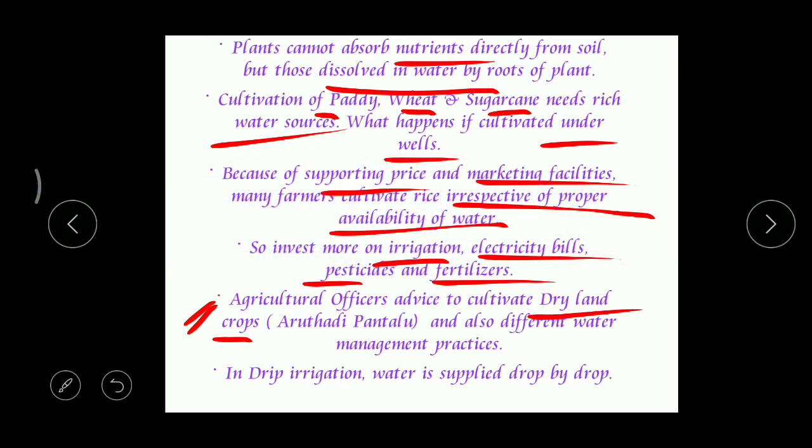Here, why they advise this is that most of the farmers do not have proper water resources. So depending on the water resources we have, the farmer has to decide which crop to grow and cultivate. And even so, we need to go for different water management practices.